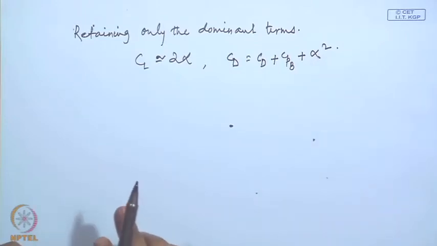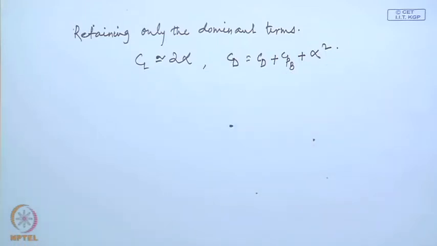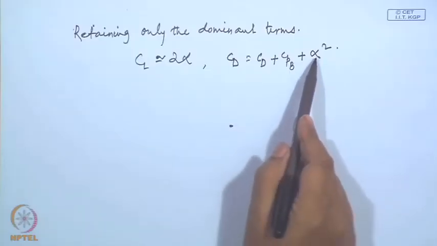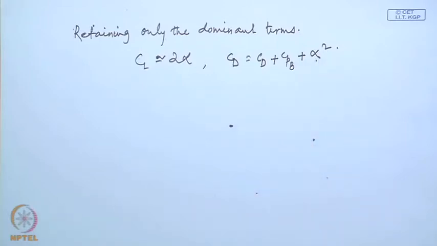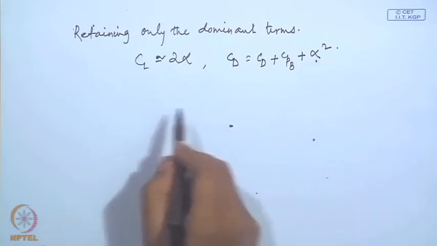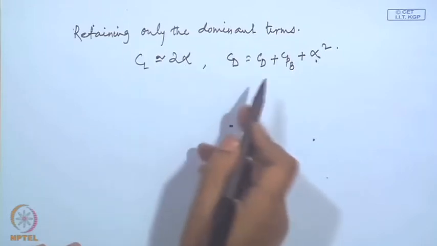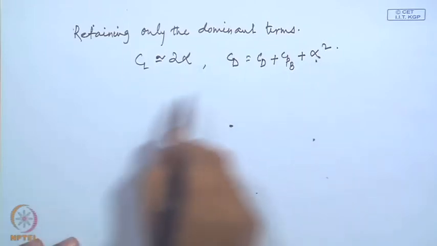Now, looking at this, we can say that the drag coefficient alpha square arises only due to the cross flow contribution, and the cross flow contribution also produces the lift. So, this part of the drag is due to the cross flow and hence due to lift.